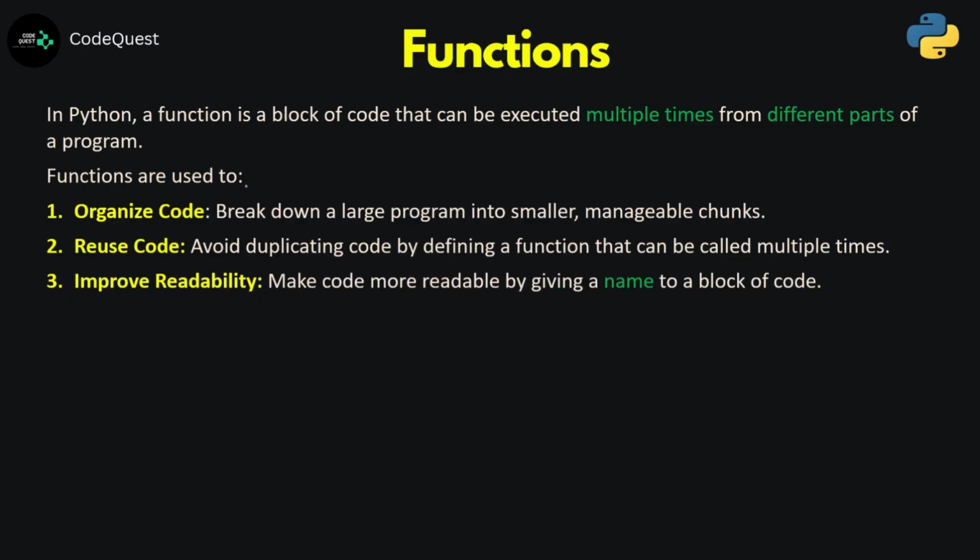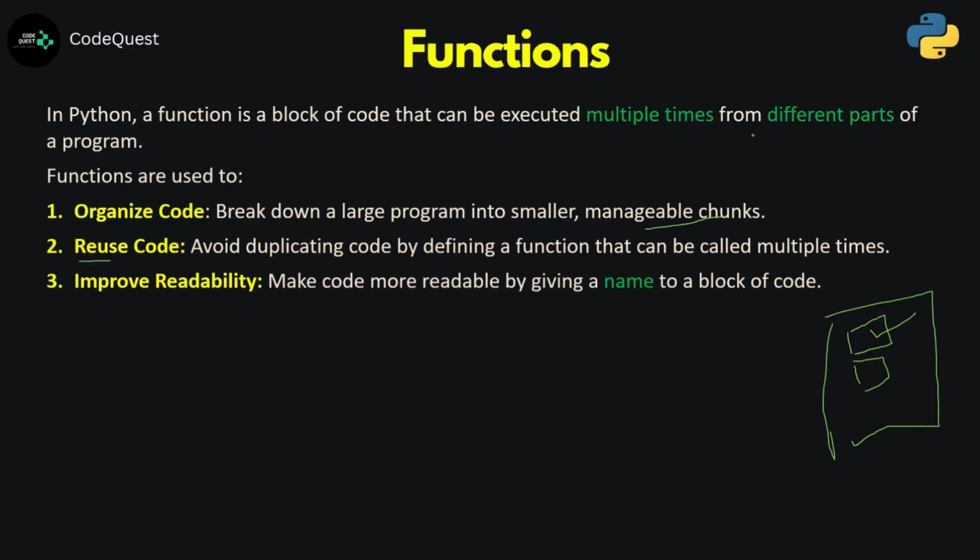So functions are mostly used to organize the code. I mean, we are trying to break down a piece of code into smaller and manageable chunks. If a large program is available, we can divide it into smaller portions, where each one of them I can refer to as a function which is going to do a particular task. Most importantly, reuse the code.